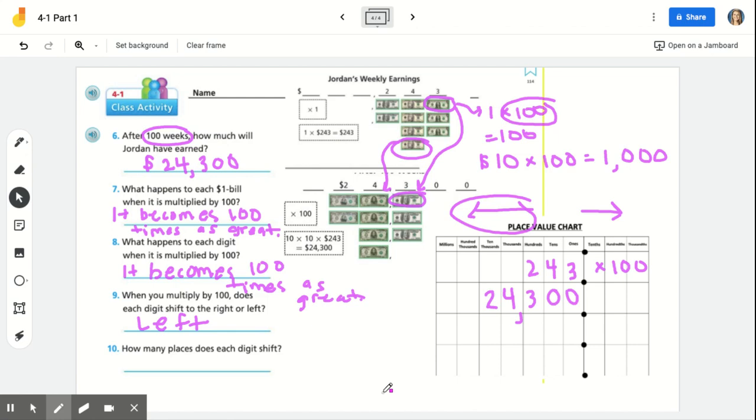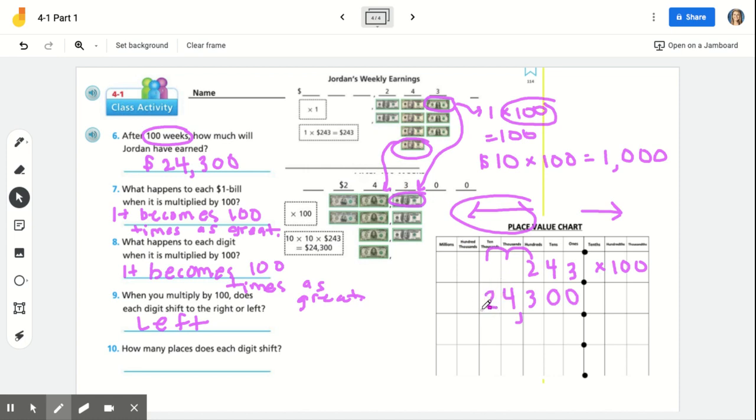And then lastly, how many places did each digit shift? All of you should do this with me. Let's look at one digit at a time and count how many place values for each one. Let's look at the 2 in the hundreds place value. Let's count how many places it took to get from the hundreds to the 10,000s. One little hill for 1, that's 1 place value. One little hill for 2, and now I've landed in the 10,000s place value, which is what the book said.